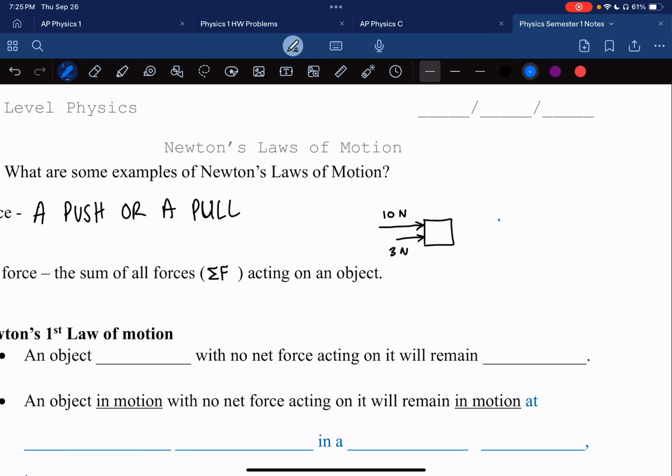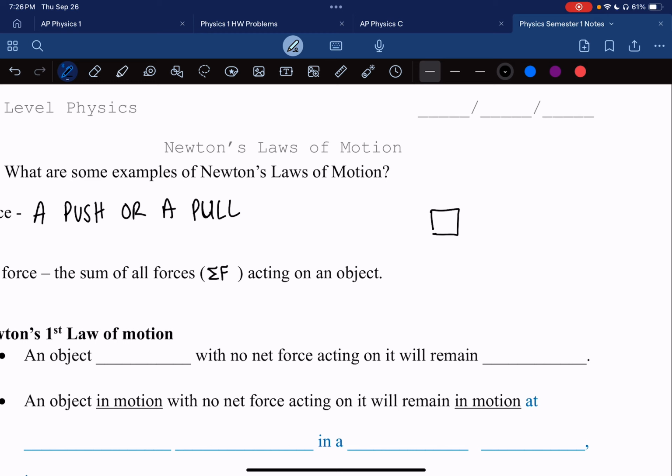It's kind of like the box is pushed with a force of 13 newtons on it. We wouldn't really draw it this way, but I'm just illustrating. The total sum of the forces is 13 newtons to the right, and forces are vectors, so we have to include the direction.